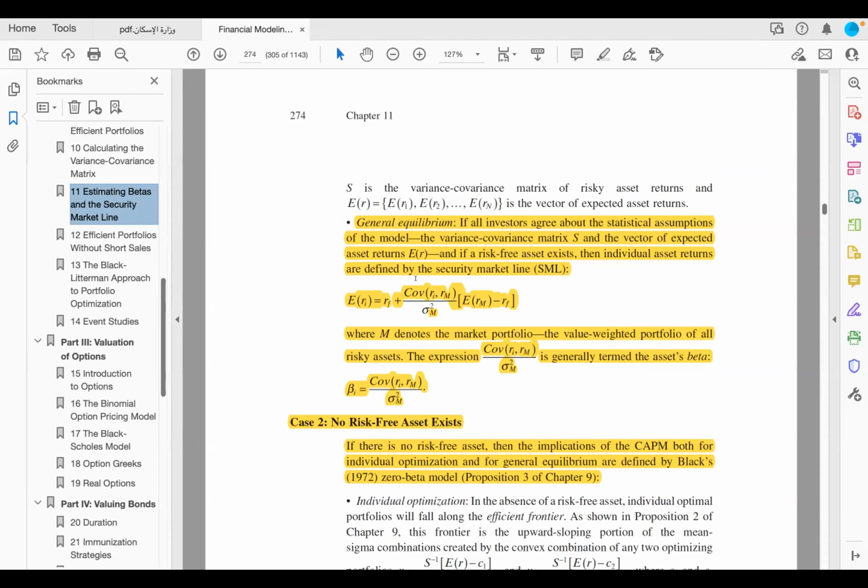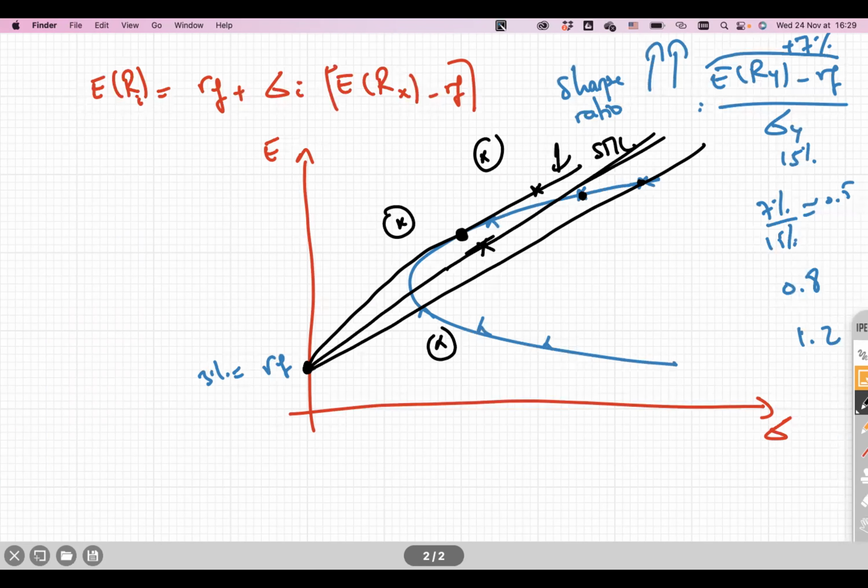we replace the risk measure by the beta. In the SML, we no longer measure the risk by the standard deviation, we measure it by the beta. See here, we used to measure the risk by the standard deviation, right? Now with the SML, we'll have the following formula.